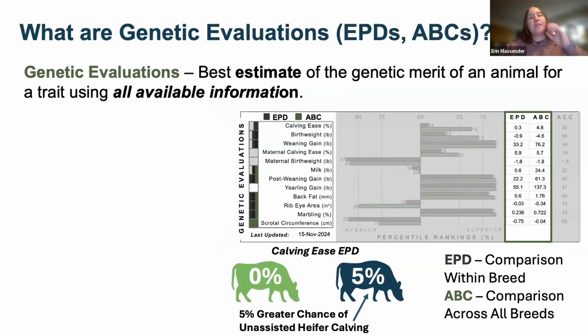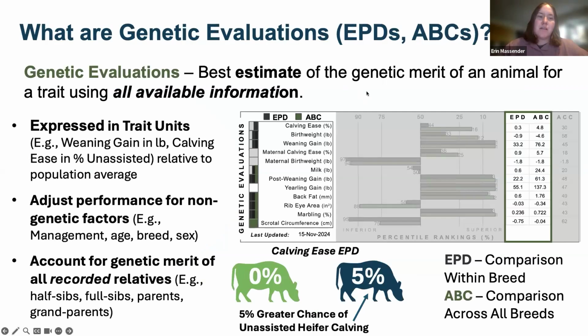In terms of tools we have available for genetic evaluation or for selection decisions, the first one is genetic evaluations, EPDs or ABCs. Genetic evaluation is the best estimate of the genetic merit of an animal for a trait using all available information. It's expressed in trait units. So our growth traits are expressed in pounds, but they're relative to the population average.